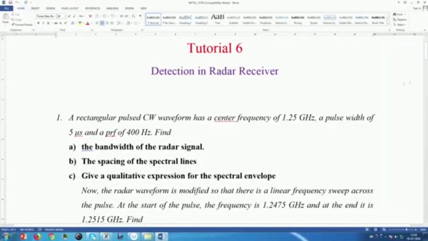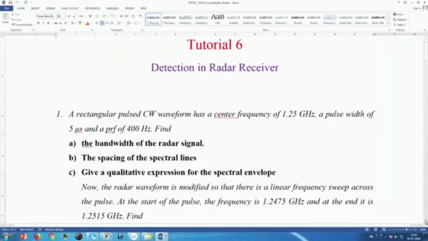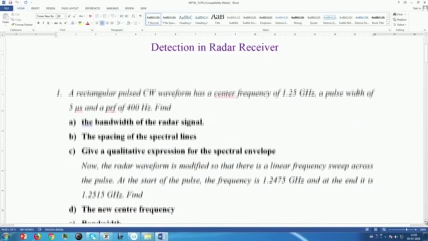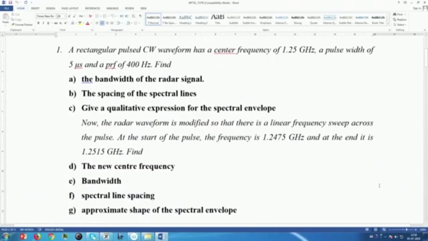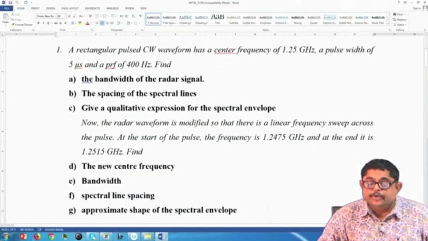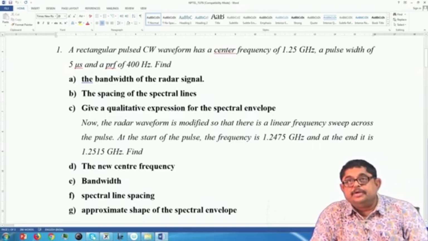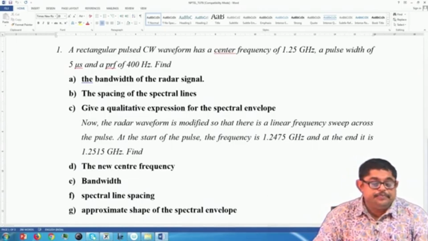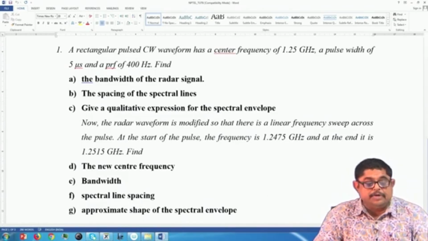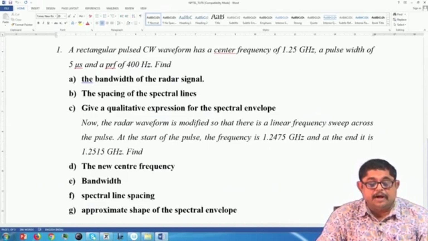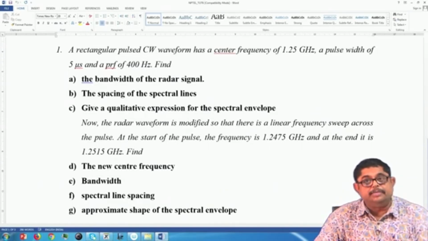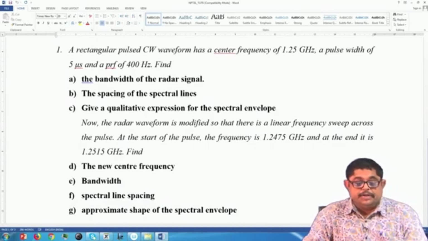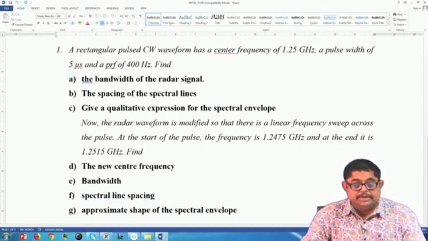The first problem is this: a rectangular pulsed CW waveform has a center frequency of 1.25 gigahertz, a pulse width of 5 microsecond and a PRF of 400 hertz. Find the bandwidth of the radar signal, the spacing of the spectral lines, and give a qualitative expression for the spectral envelope.